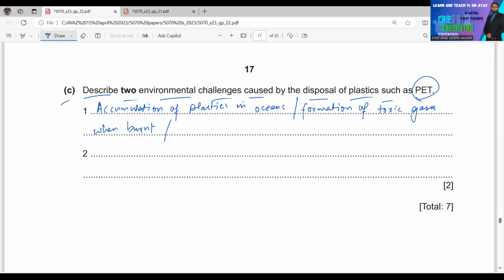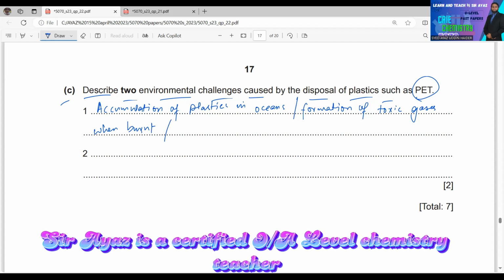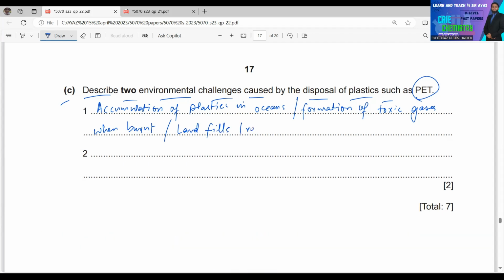You can even write landfills, that's responsible for land pollution.